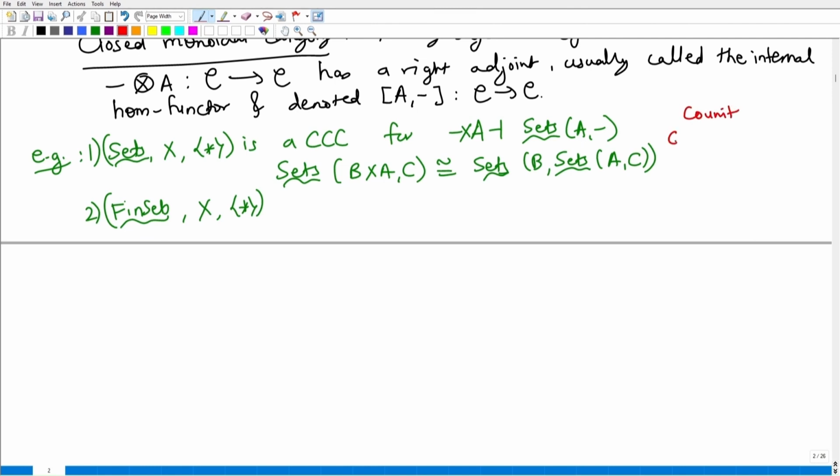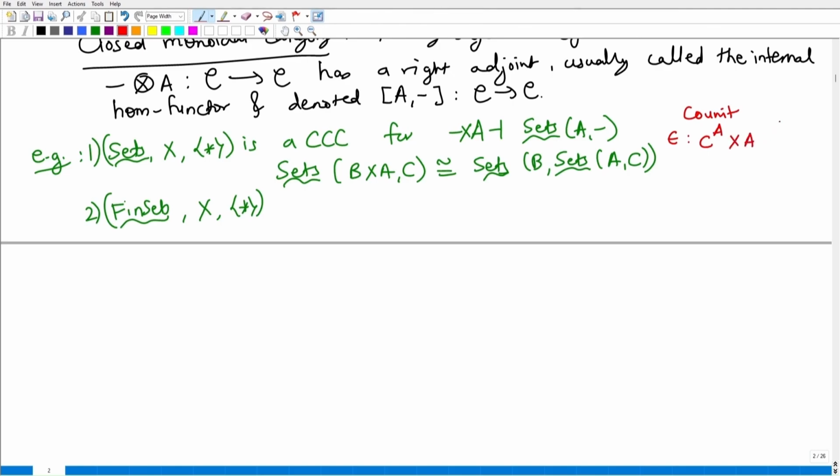The co-unit is epsilon. It takes, I mean, b to the power a, and maybe I'm not writing it correctly. I should write it in this language: C to the power a cross a.